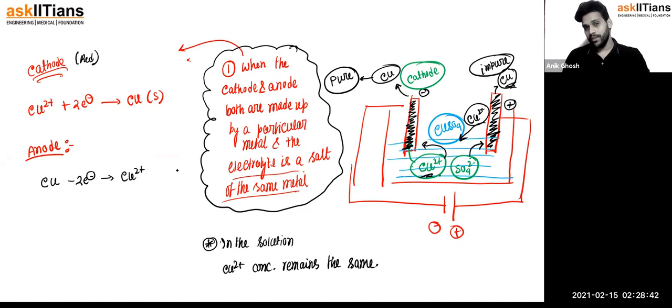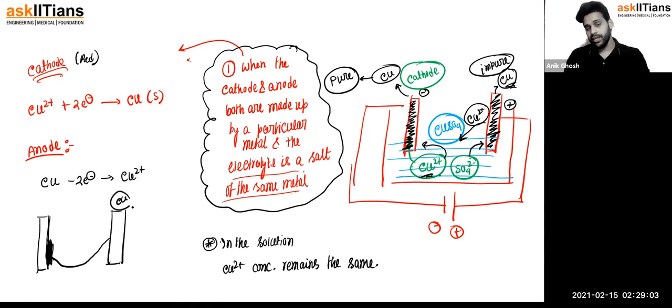But what would happen to the other things? If this is the cathode and this is the anode, this anode would get corroded, and all the copper from this anode would get deposited on the cathode. Now think about it.